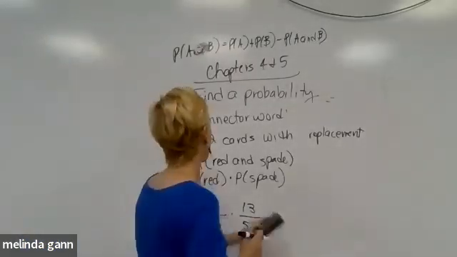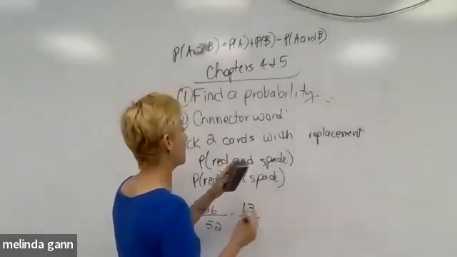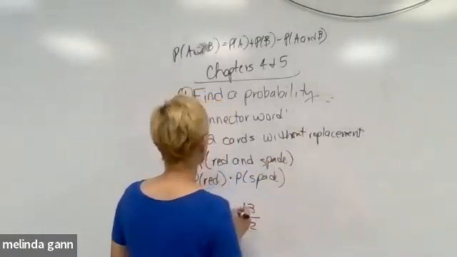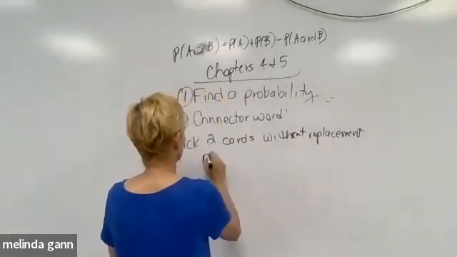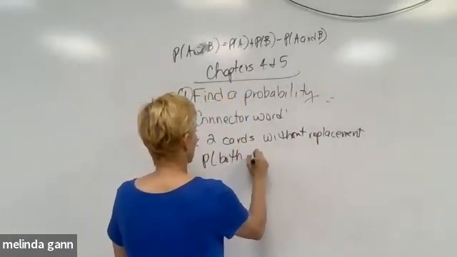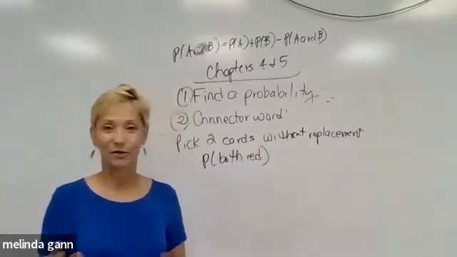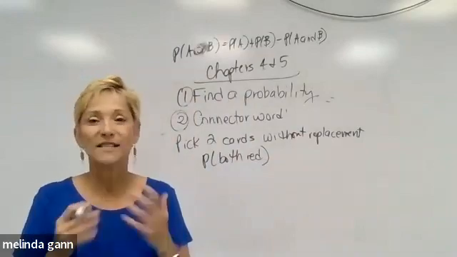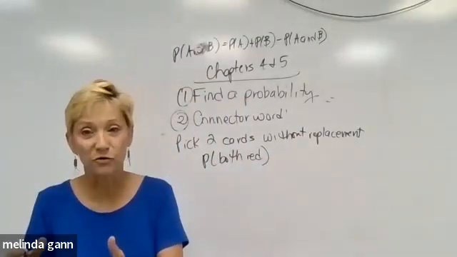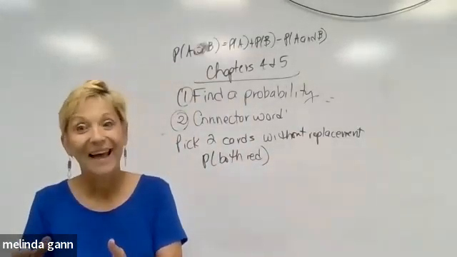Okay, so with replacement and without, so make sure you understand. Now, what if I had said pick 2 cards without replacement, and I said something like, what's the probability that they're both red? Well, see, I don't see a connector word, but it's kind of hidden. What's the only way they're both red? The first one's red, and the second one has to be red. They're not going to say, what's the chance you get red and red.